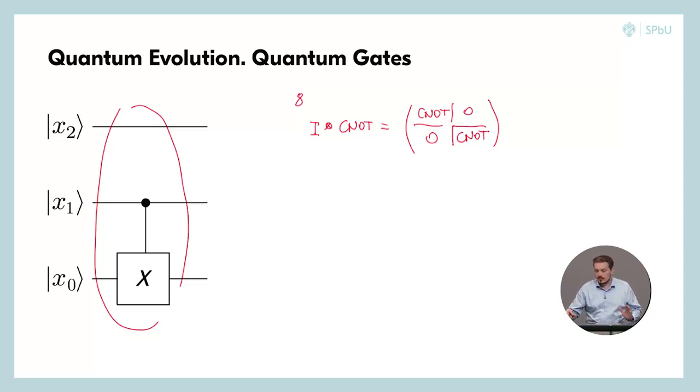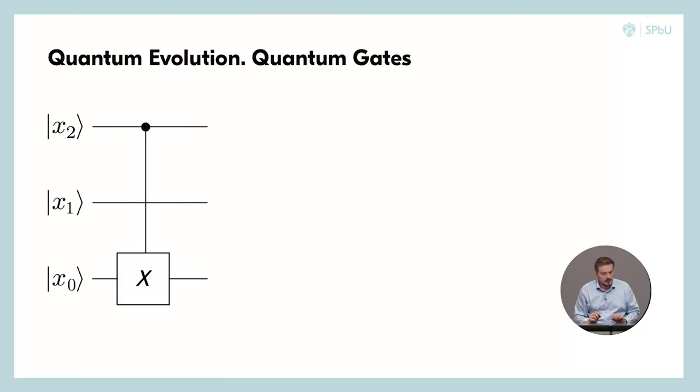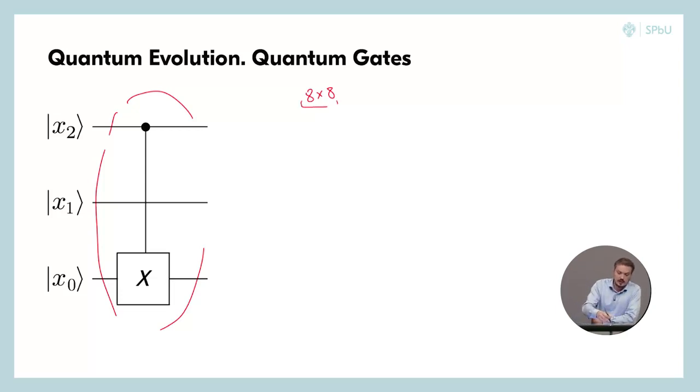Okay, now a little bit more complicated question. What does this matrix look like? Again, it is an 8 by 8 matrix, and there are only 3 possible ways of obtaining an 8 by 8 matrix by a tensor product.